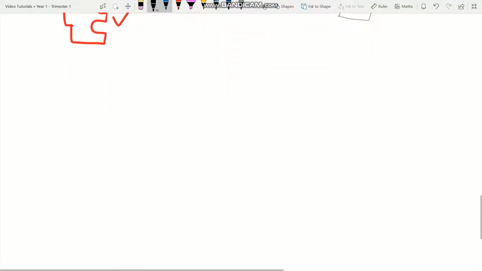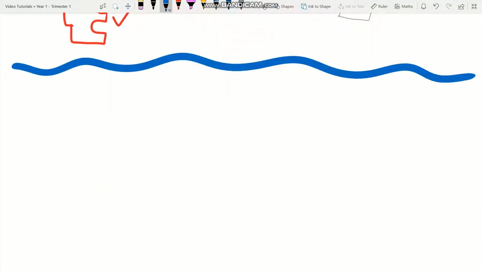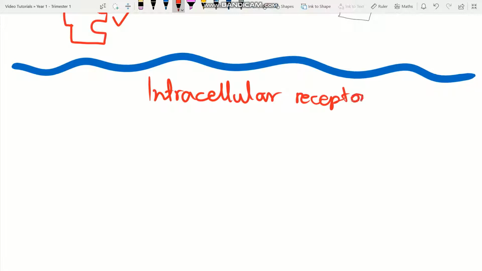The final type of receptor that I wanted to go through today is called an intracellular receptor. Now these receptors also have another name, in that they are also called nuclear receptors. Now why is this the case?